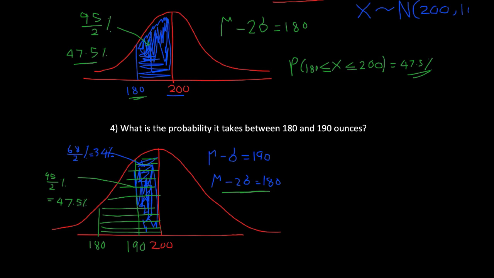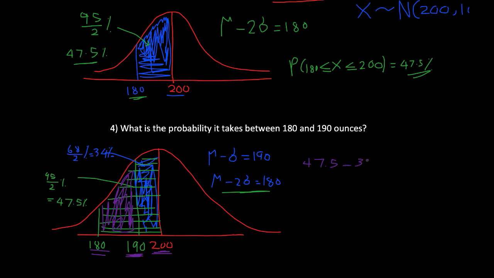Alright, we know these two areas. We need the area between 180 and 190, this area. So how do we find that area? We know the area from 180 to 200 is 47.5 and the area from 190 to 200 is 34.